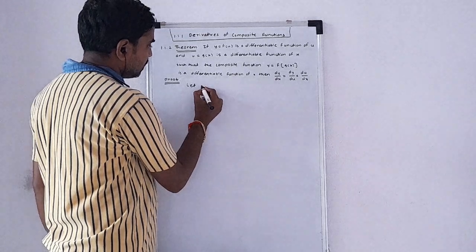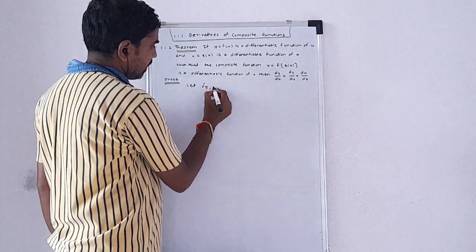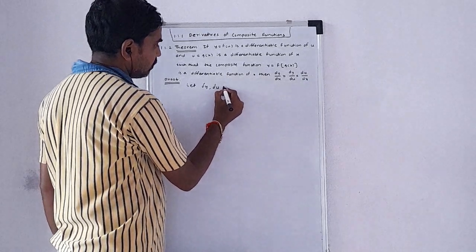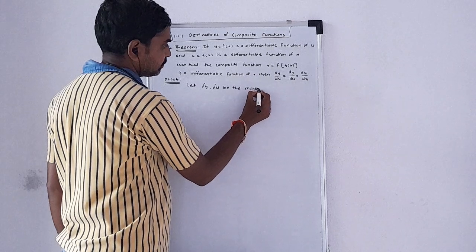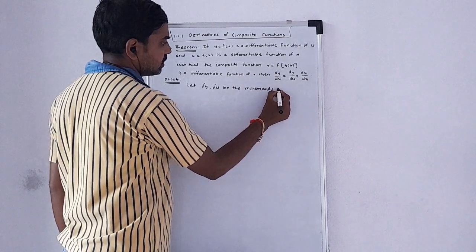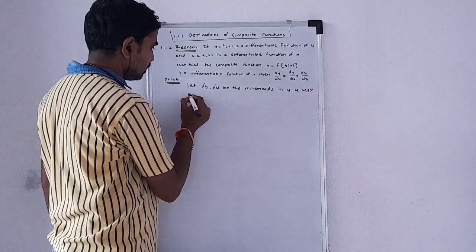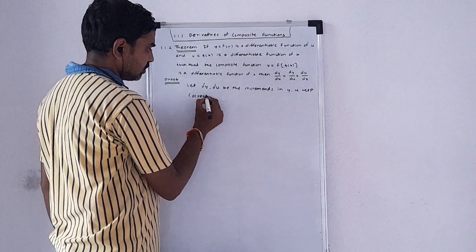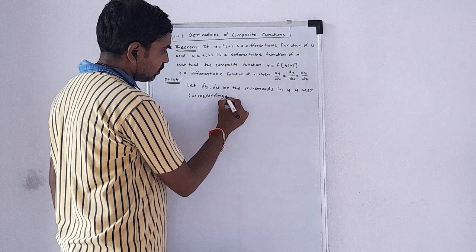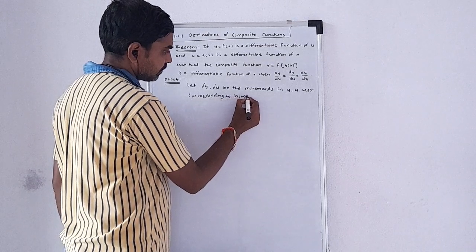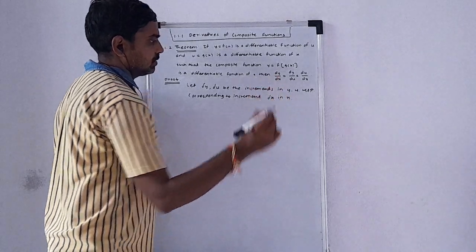First we have to consider increments in y and u as delta y, delta u, the increments in y, u respectively, corresponding to increment delta x in x.